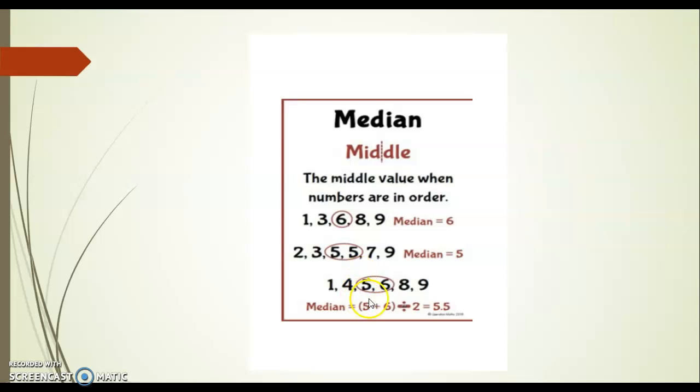No. When you have 2 different numbers that are in the middle, the way to find the median is to add them together and then divide by 2 because that's the amount of numbers there are. And then whatever answer you get, this would be your median. So in this case, they added 5 plus 6, which is 11. Then they divided it by 2 because of the 2 numbers, and their median is 5.5.